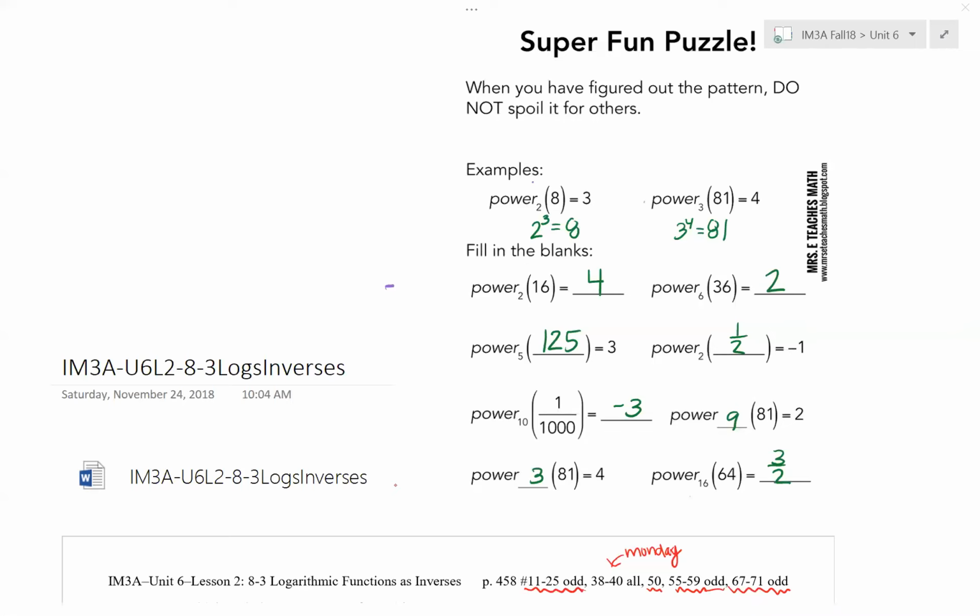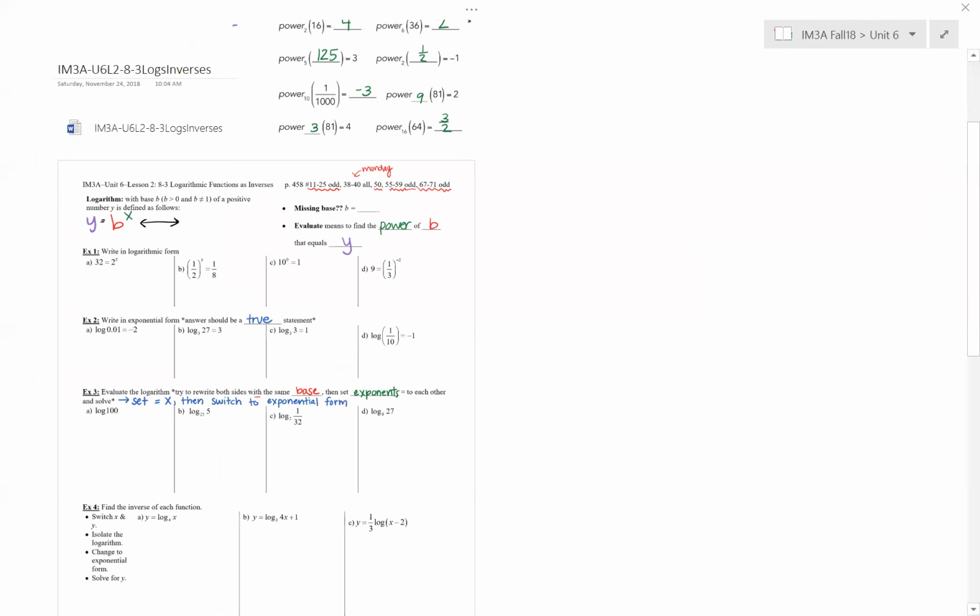You understood the idea that it needed to be somewhere between 1 and 2, because 16 to the first power is 16, and then 64 is smaller than 16 squared, which is, I think, 256. And so this pattern is what we're going to be using today when we're talking about logarithms.